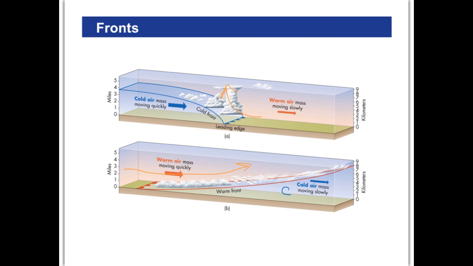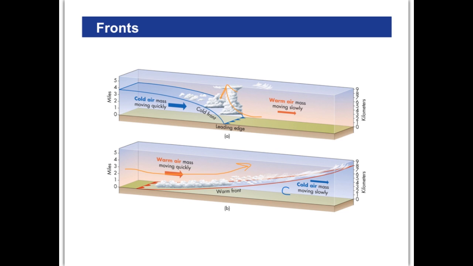It's prone to rise, so it's going to rise up over it like the cold air is a ramp. Right where the warm air meets the cold air, that's where you would draw the line on the ground as well, or on a map. As that warm air rises up, it cools and condenses as it rises through the atmosphere. That's going to cause some cloud formation and possibly some precipitation too. So these are the two main kinds of fronts.